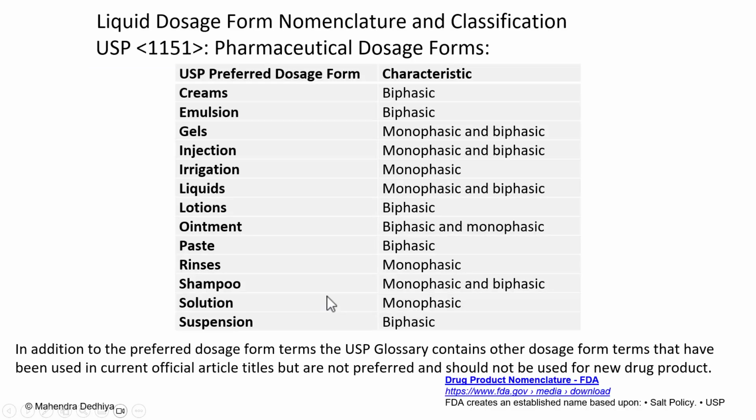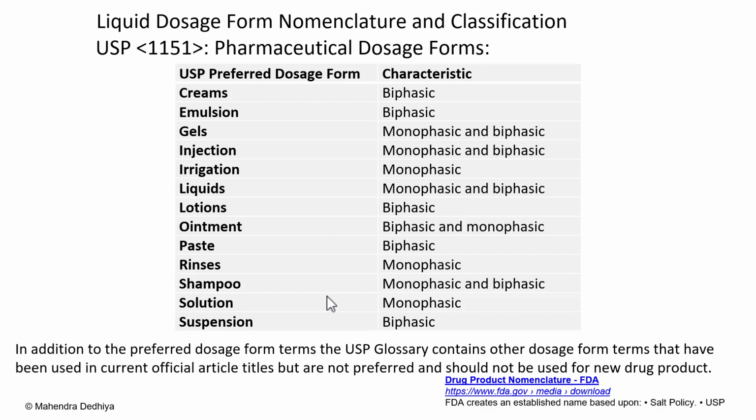The United States Pharmacopoeia, that's an official pharmacopoeia in United States, defines pharmaceutical dosage form, specifically liquid dosage form nomenclature and classification. USP preferred dosage form names are provided in this table.